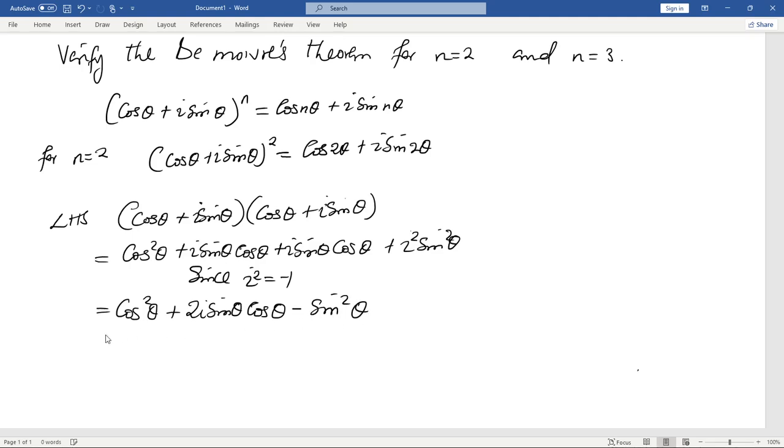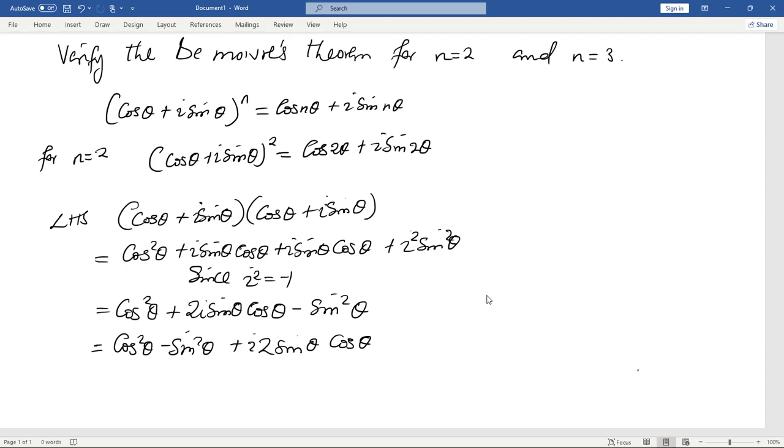So now we add the real parts together and we leave the imaginary part, so we have cos squared theta minus sin squared theta plus i 2 sin theta cos theta.